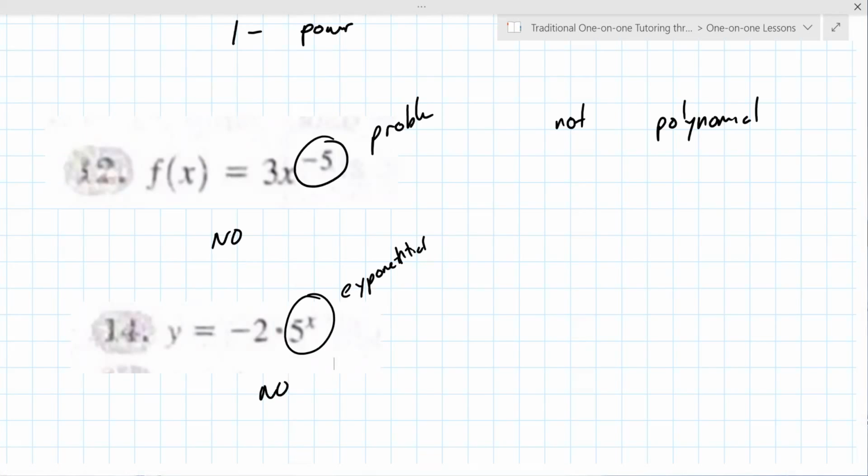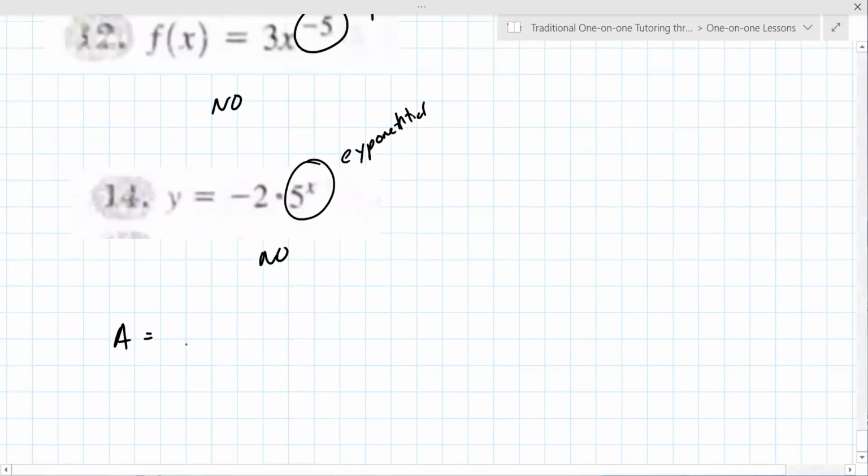The last one, 16, says A equals L times W. And in the instructions, it tells you that L is a constant.